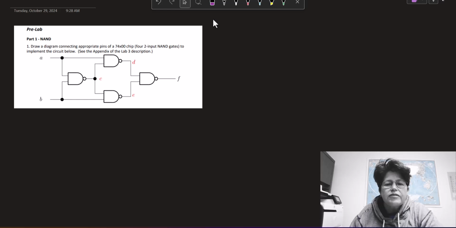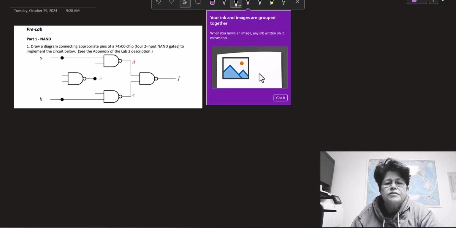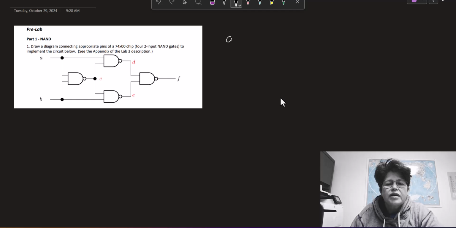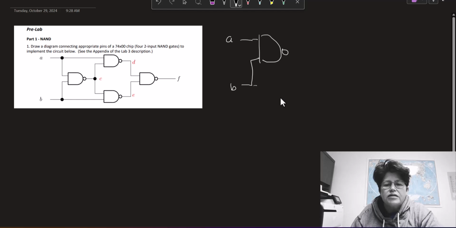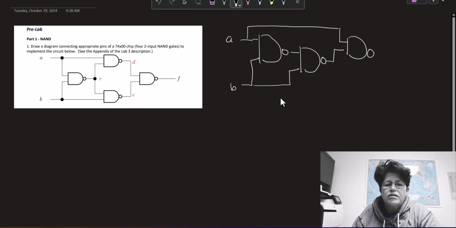So let's say I have 2 inputs, A and B, and I'll have a NAND gate, and a NAND gate there, and a NAND gate there, and a NAND gate there, and have that be my function.